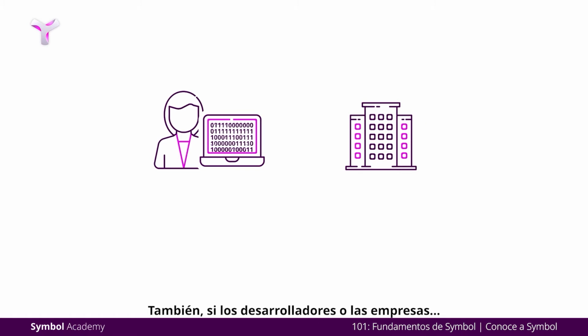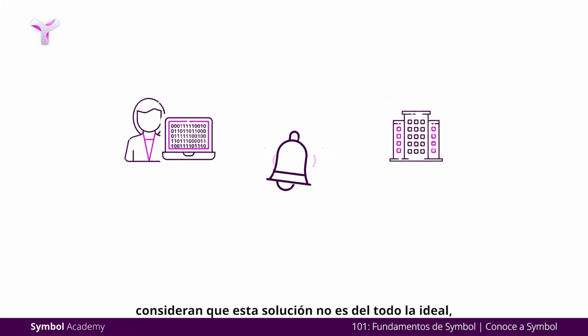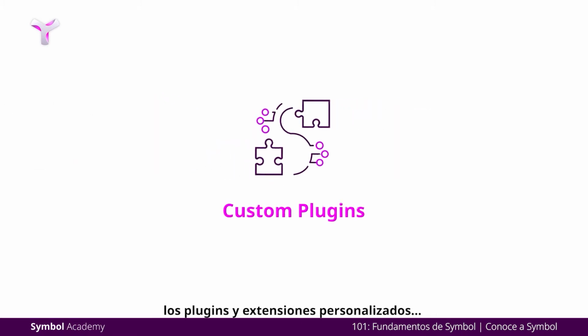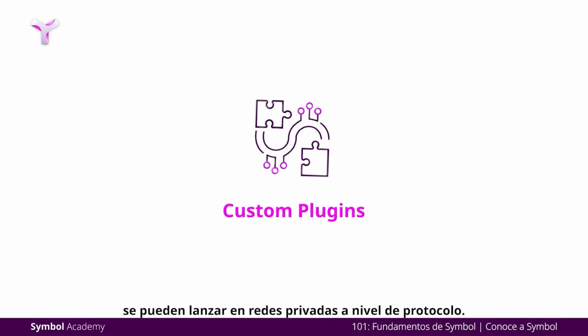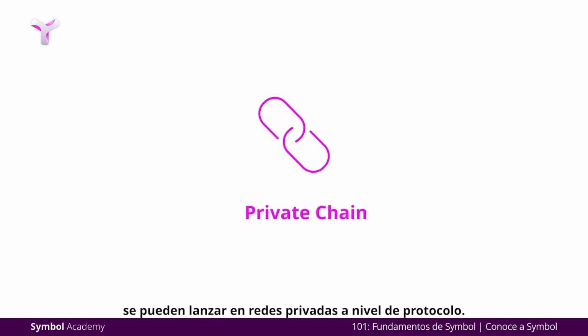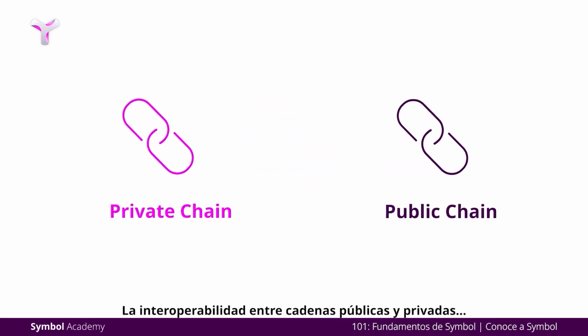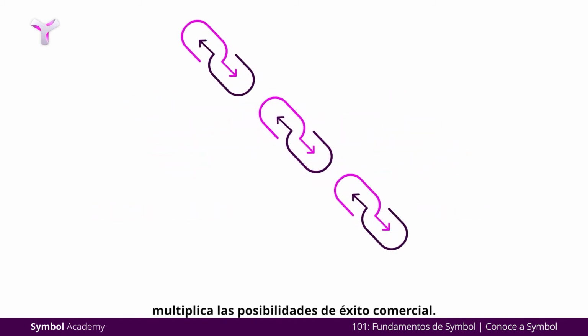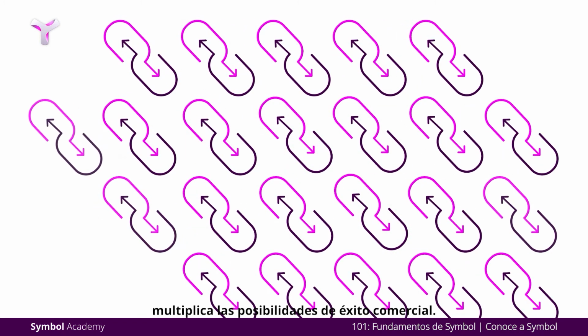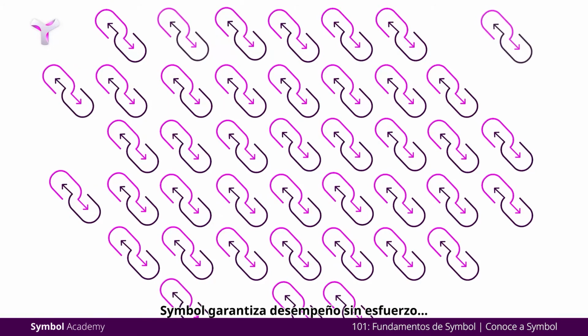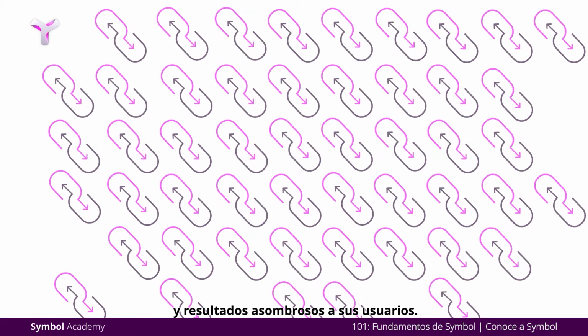Also, if the developers or businesses ever find the options lacking, custom plugins and extensions can be launched at private networks at the protocol level. Interoperability between public and private chains multiplies the business possibilities. Symbol ensures effortless engagement and outcome for its users.